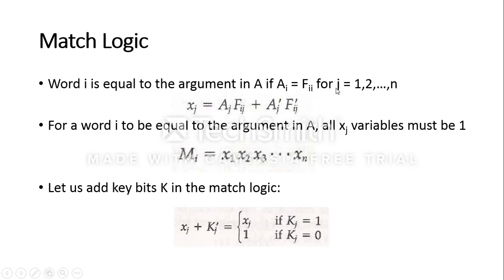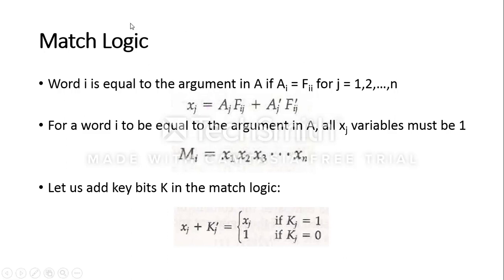That means for j equal to 1 to n, you have to find the Xj value, and all these Xj values must be 1. Now how to check this condition? You now know the logic of performing the comparison. You are simply performing the XNOR operation, but you want all these Xj values to be 1 to say that the argument register's content is matching with one of the words available in the associative memory.